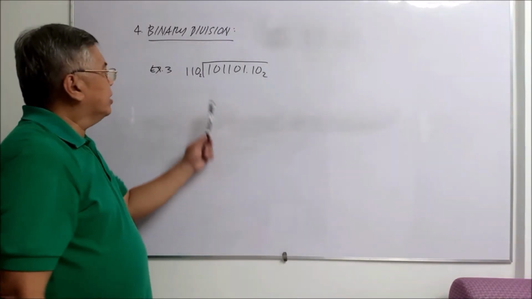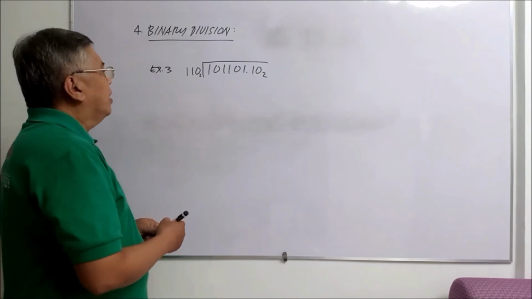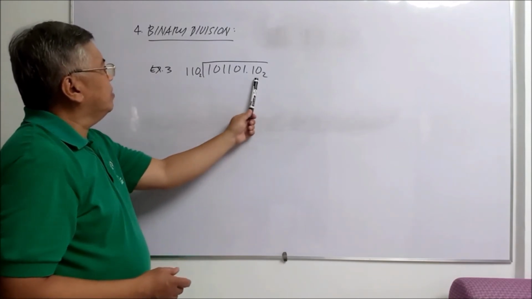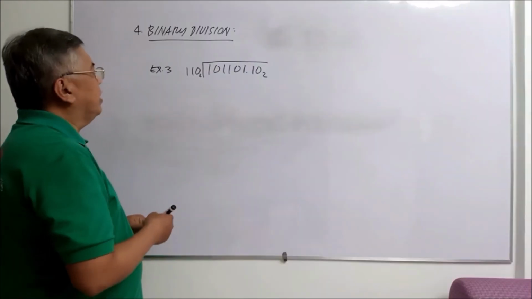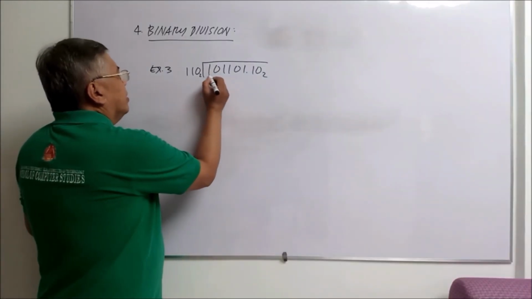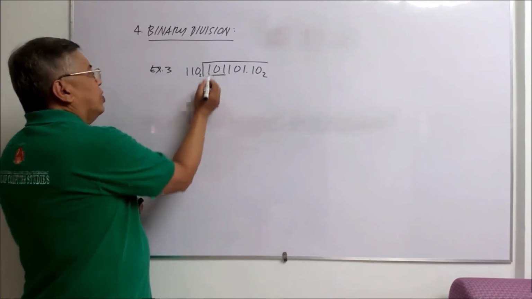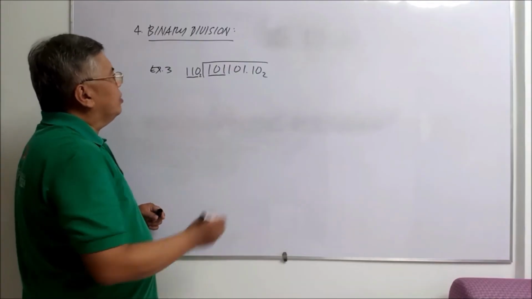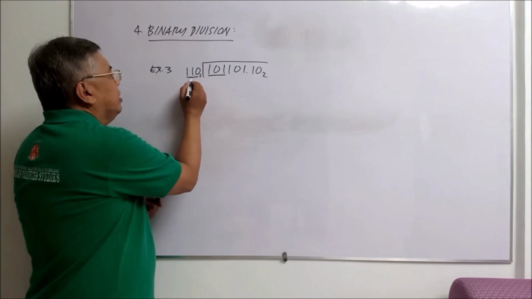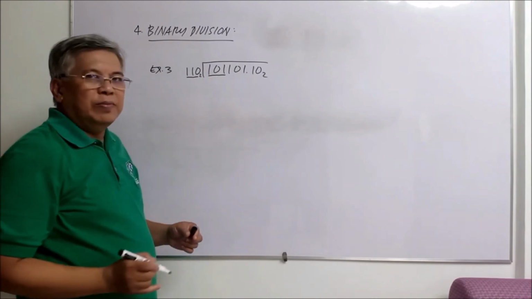Okay, so let's have this as our example. Now, again, to divide this number with this number, the first step is to determine the first 3 digits of the number inside, which is 101, and compare it with the number outside, which is 110. Which one is bigger? I believe that the number outside is bigger because this is 6, and this one here is only 5.